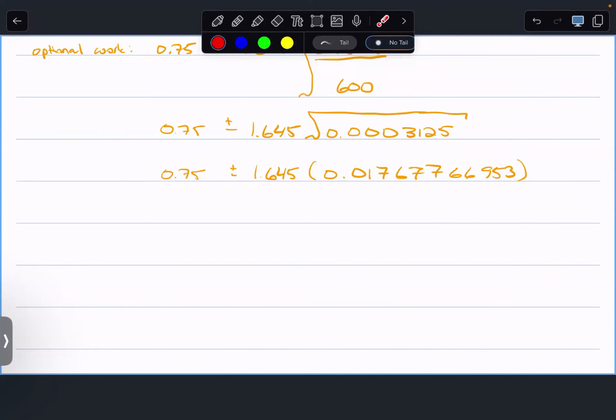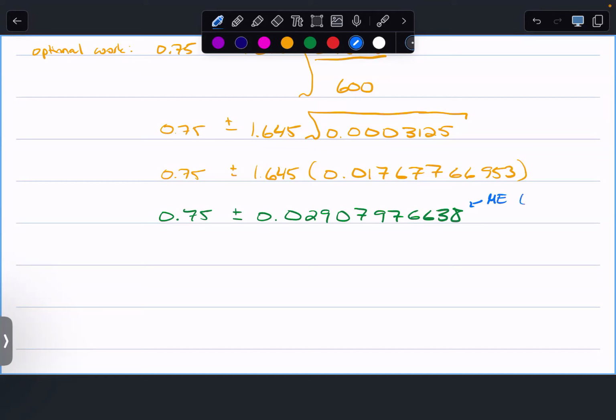Now I can times it by 1.645. This is no longer optional. 0.75 plus minus 0.02907976638. That's your margin of error. All right. I'll define it, margin of error.